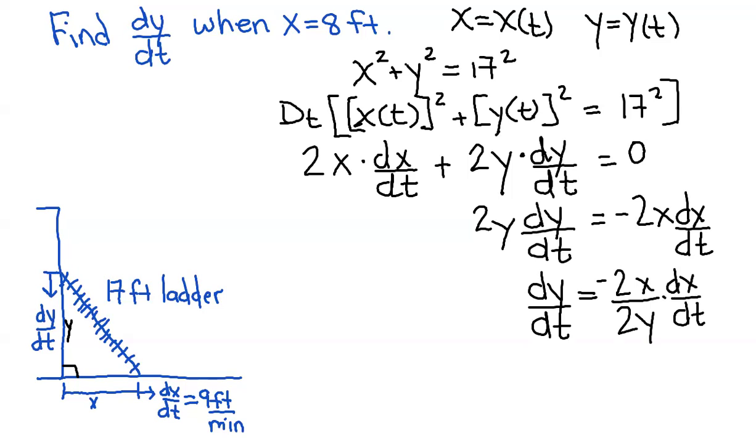Which does simplify to negative x over y times our dx/dt. So once we know y, we can complete that process.